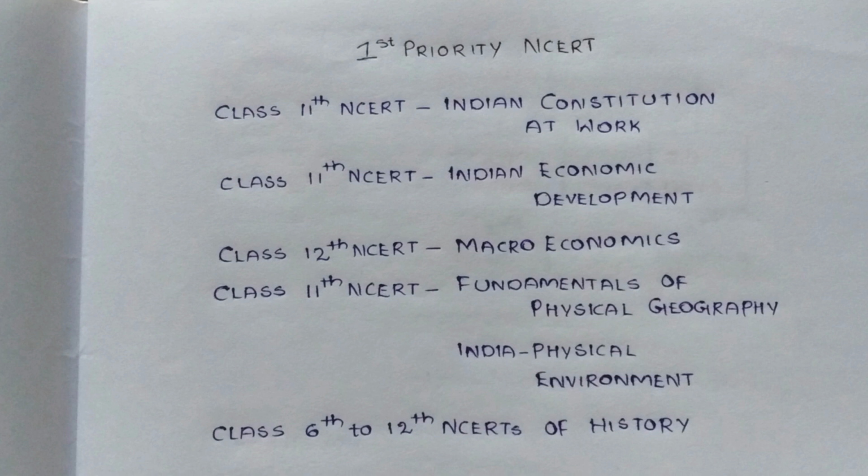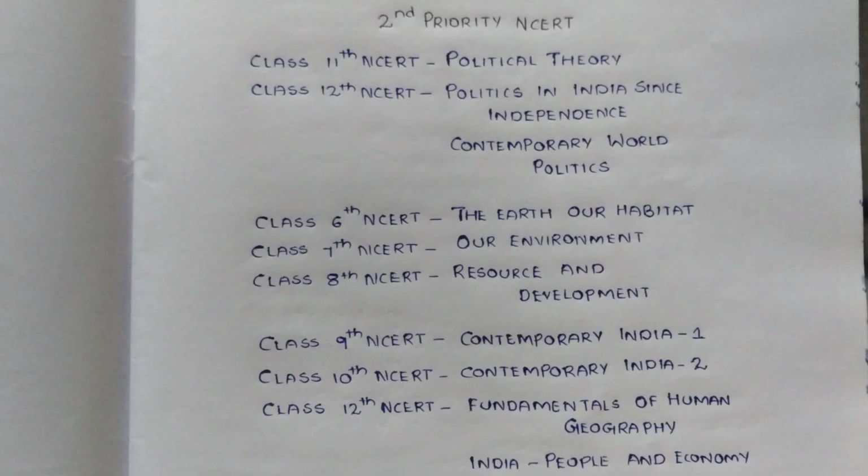So in first priority I have given these books, and we are going to complete these books in this 90 days in 3 readings. And in second priority I have given the rest of the books, and these second priority books will be read while we are preparing for a particular subject. When we are reading standard books, before reading those books we will read the second priority NCERT and then go for standard books.